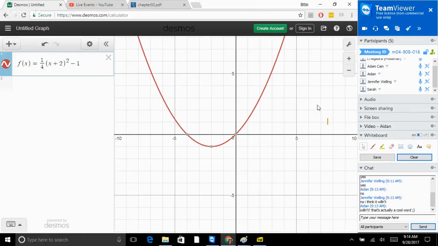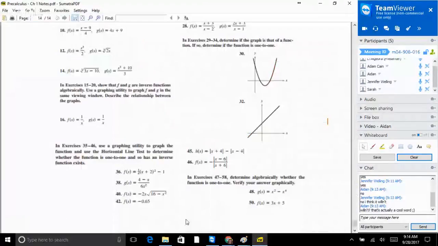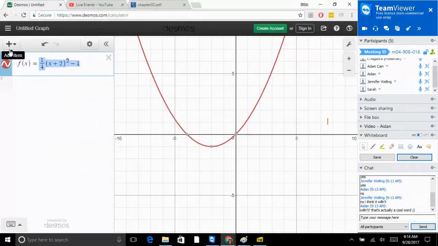Okay. Let's look at number 38. So what do you think, just looking at it? G of x equals 4 minus x over 6x squared. Yes, no? Let's go ahead and put it in Desmos and see what we get, okay?